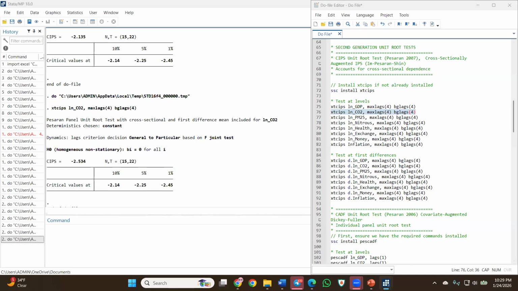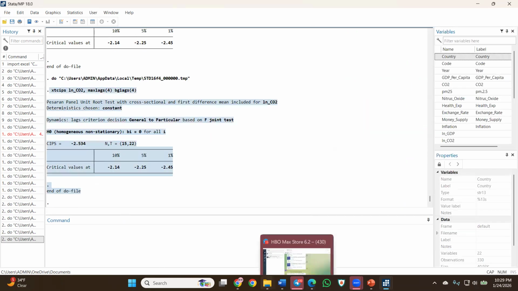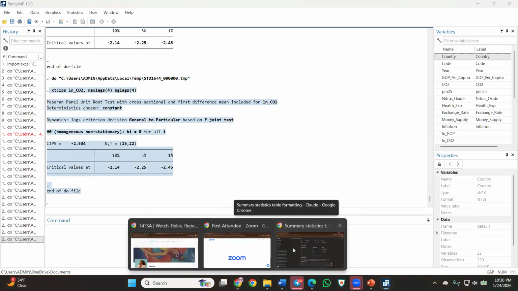So we reject the null hypothesis. So this one is stationary. Teria is saying that since the absolute statistic is greater than the critical values, then it's stationary.